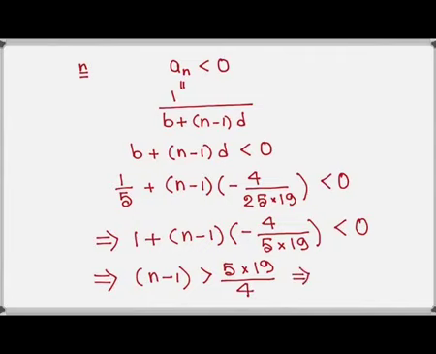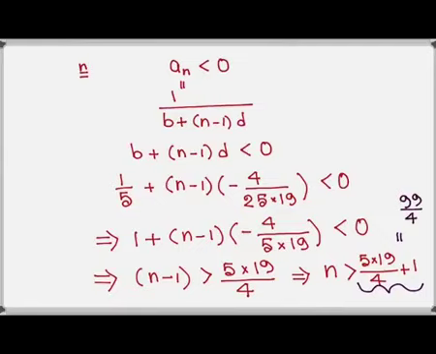That is, n shall be strictly bigger than 5 into 19 divided by 4 plus 1, and this is equal to 99 divided by 4.